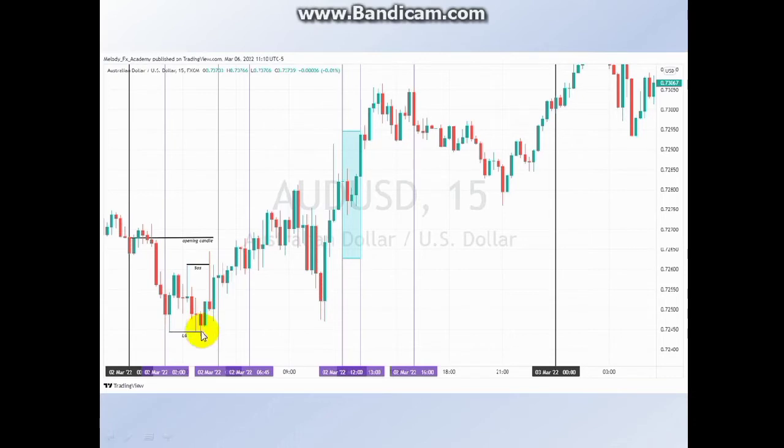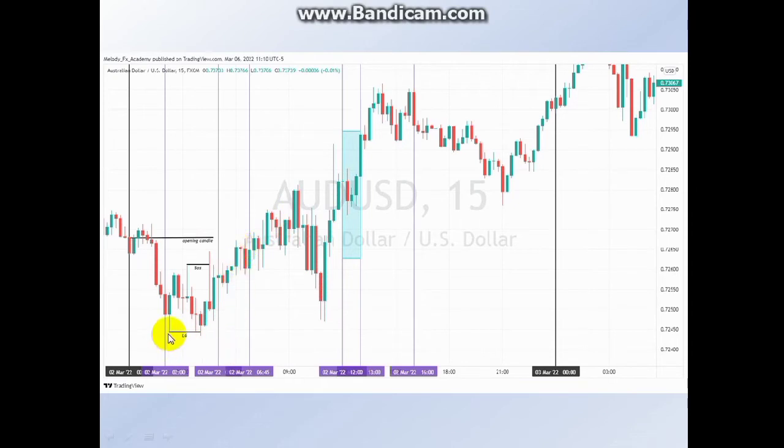So once price trades below an old short-term low on the 15-minute chart to take out sell side liquidity, if we are anticipating higher prices, we should see some level of short-term low be taken out. If we are anticipating lower prices, we should see short-term highs be taken out.